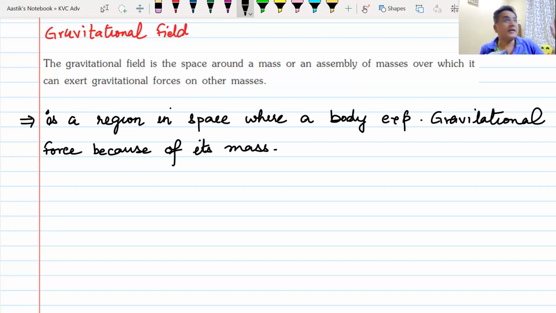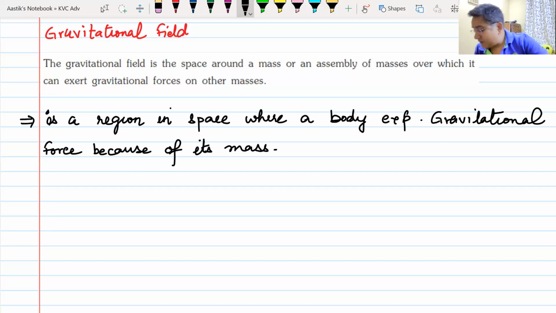But who is creating the gravitational field that we all are feeling? Earth is creating this gravitational field, and we are inside the gravitational field of Earth. The Moon is also inside the gravitational field of Earth, and that is why it is moving around the Earth. Earth is experiencing the gravitational pull of the Sun, and that is why Earth is moving around the Sun.